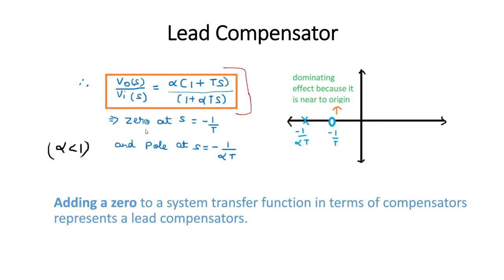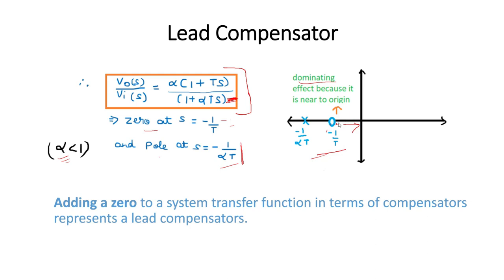Here you can see that zero is at S is equal to minus 1 upon T, and pole is at S is equal to minus 1 upon alpha T. Since alpha is less than 1, therefore this value would be greater. So we can see from here that zero would be near to the origin and pole would be away from origin with respect to zero. Therefore zero will be dominating.